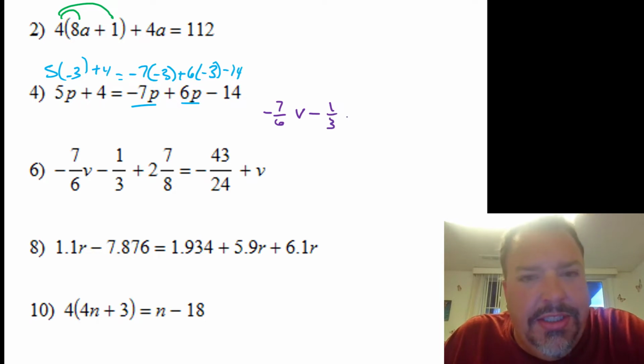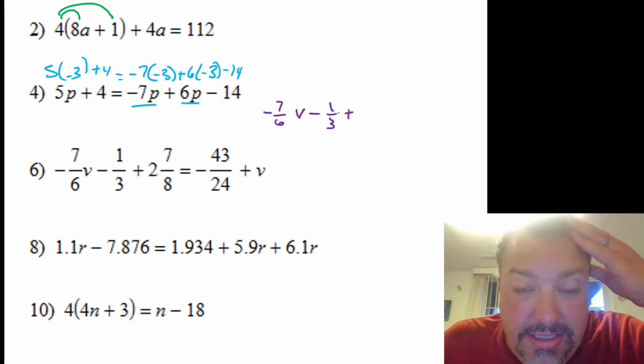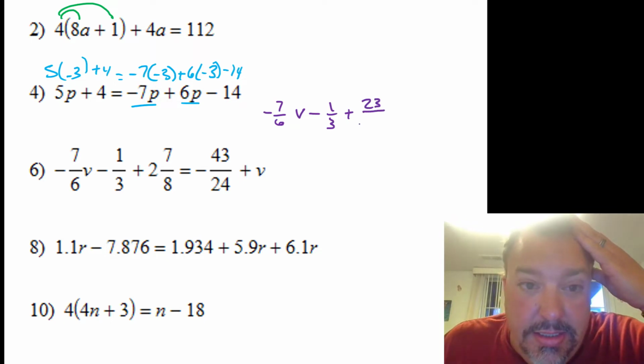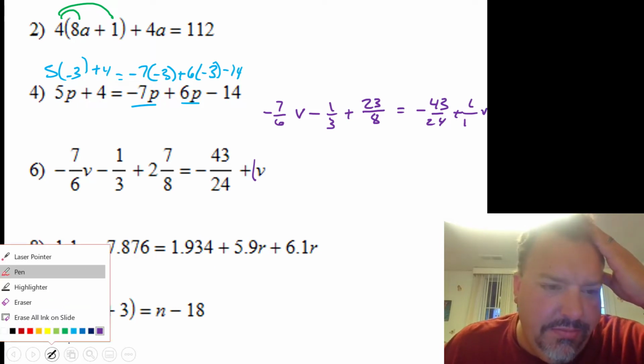And then the 2 7/8, we want to change that. 2 times 8 is 16, 16 plus 7 is 23 over 8. And then here we got negative 43 over 24. And I'm going to write this v, which is a 1v, as 1 over 1v, so I have it as a fraction.